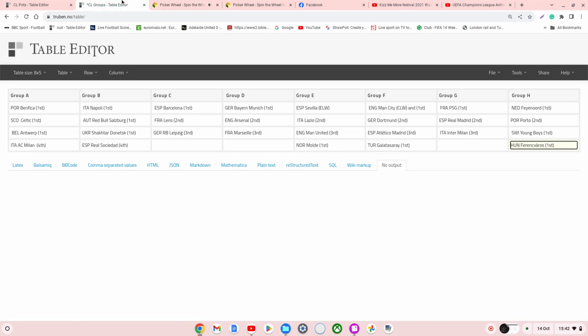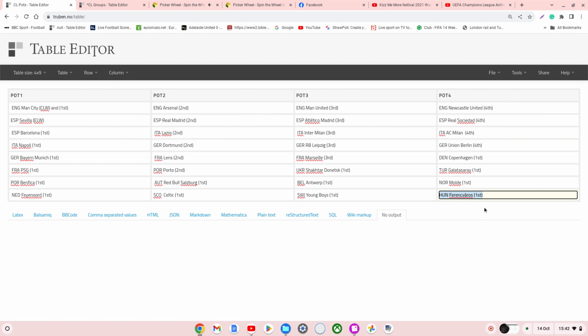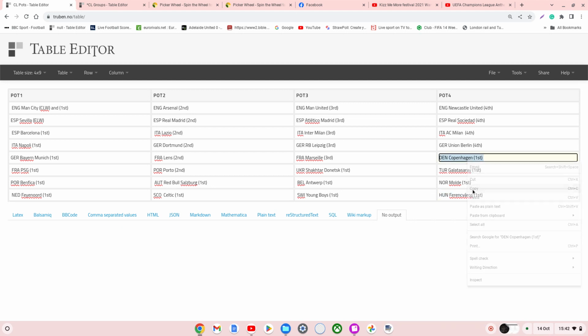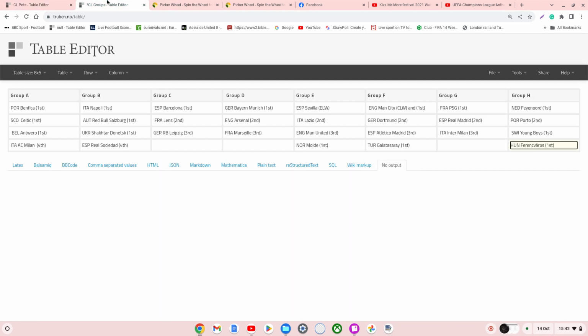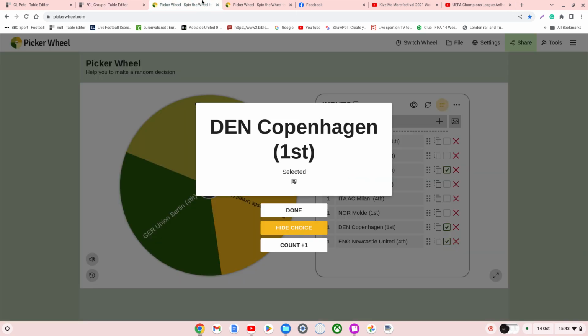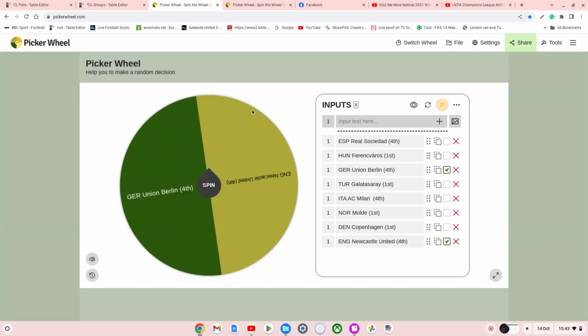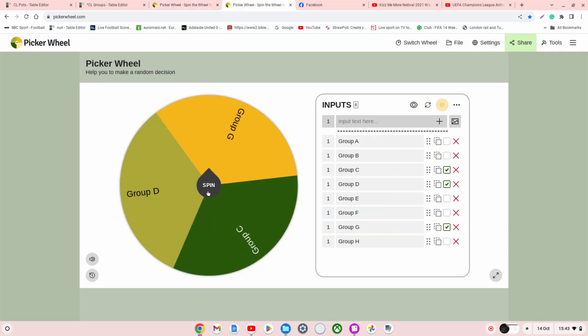Copenhagen, the first Danish side. And they can go anywhere they want. So remove that. 3 available options: C, D, or G.